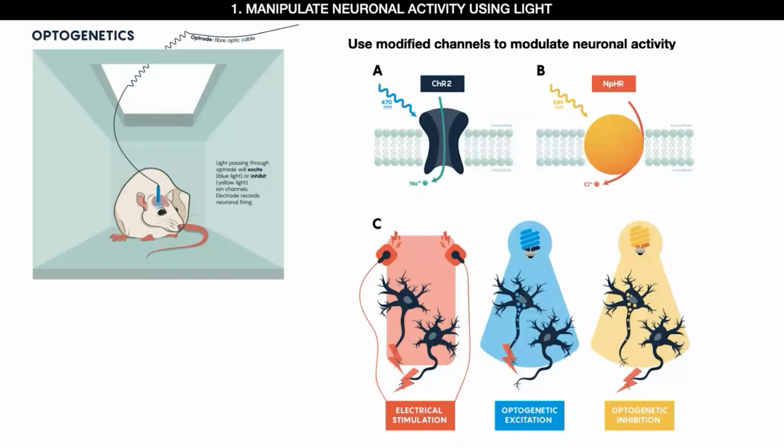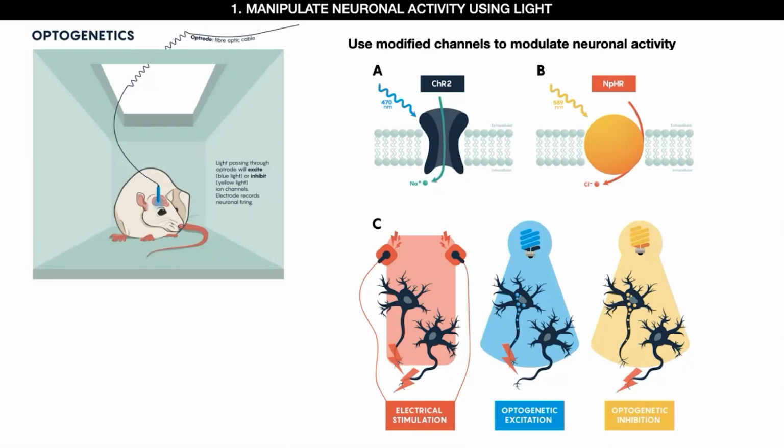And just by turning on the light, we can decide exactly the time at which the cell will be activated. On the other side, we also have different types of opsins, which are inhibitory opsins, which allow the entrance of negatively charged ions into the cell, making it possible to inactivate those cells. And for these two examples, there are several different types of opsins that are now available.